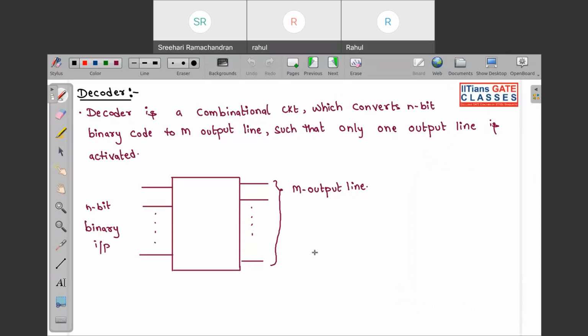Clear. Okay. So in our last session, we were discussing combinational circuits. The last topic that was left was the decoder. So what do we mean by decoder?